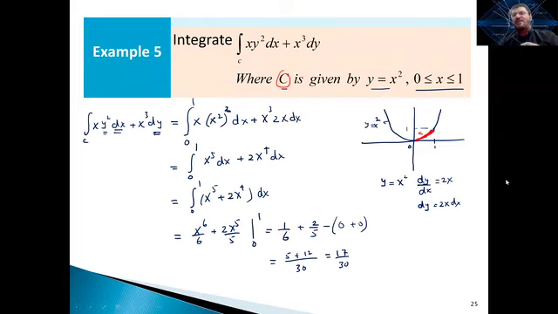Let me go back to this graph. If I have an object that was here, and I moved it to there in this direction, the work done is 17 over 30. I think it's called joule, right? The work is in joule units. Remember that. So in this example, we just found that work done.